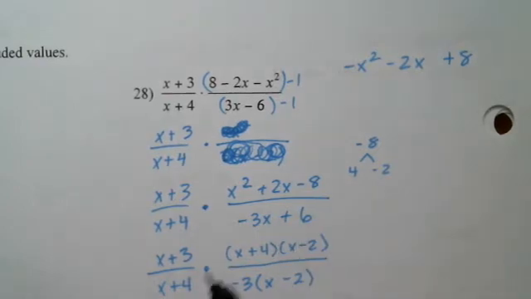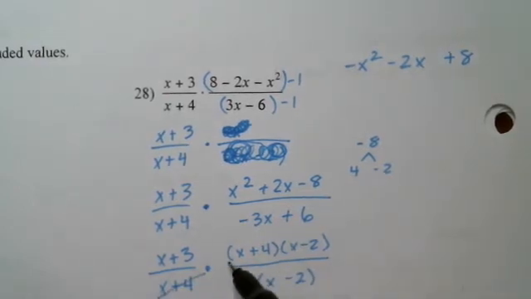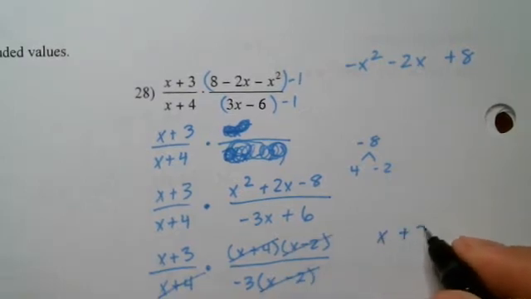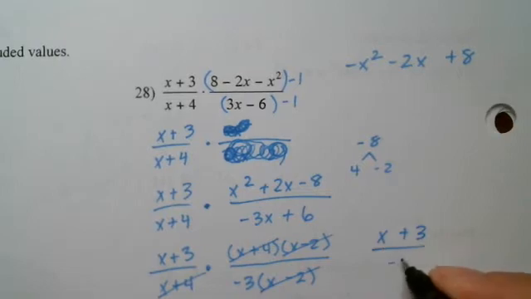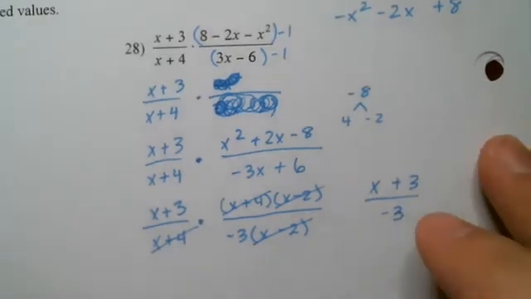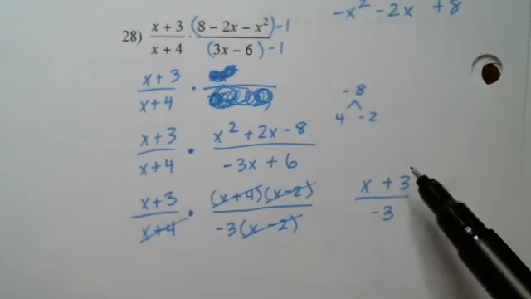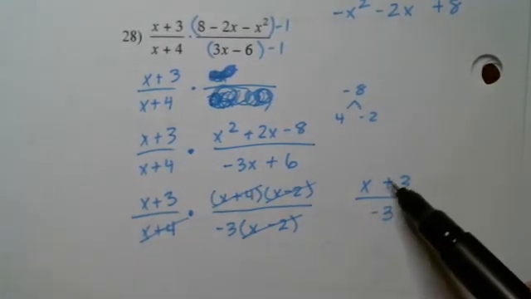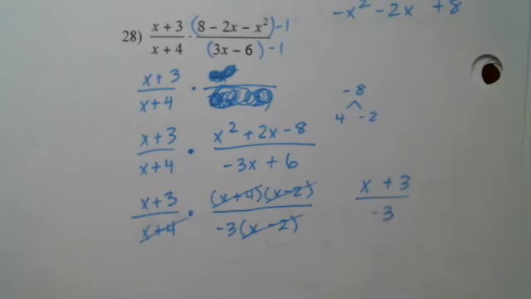And then we just simplify. X plus 4, x plus 4, x minus 2, x minus 2. And I'm left with x plus 3 over -3. Now, can the 3's cancel? No, because that's attached with addition. Can someone check and see if that's right on the back?